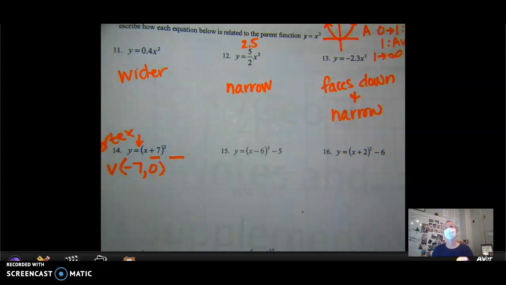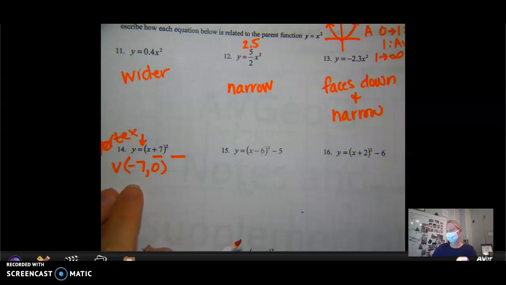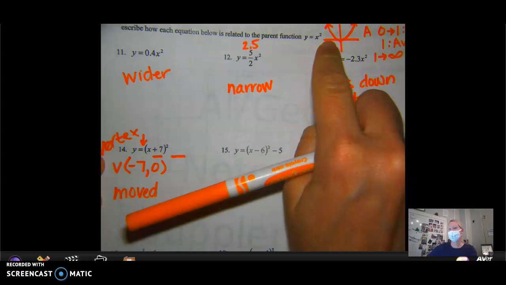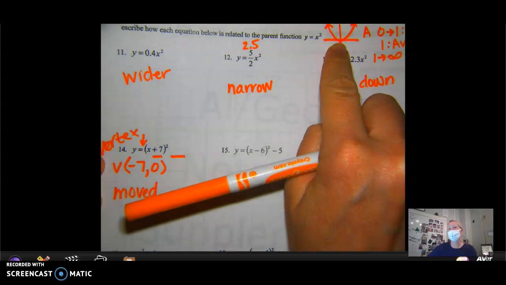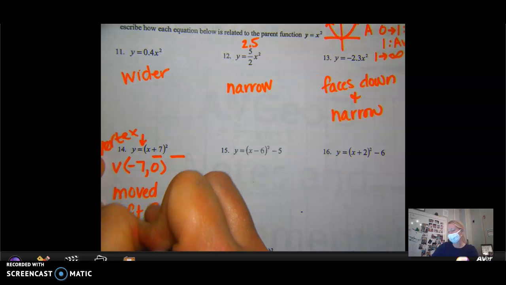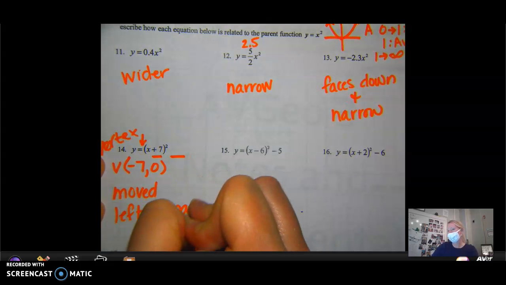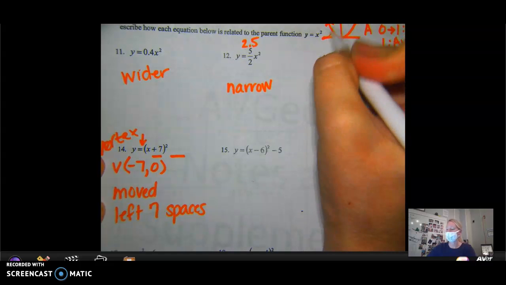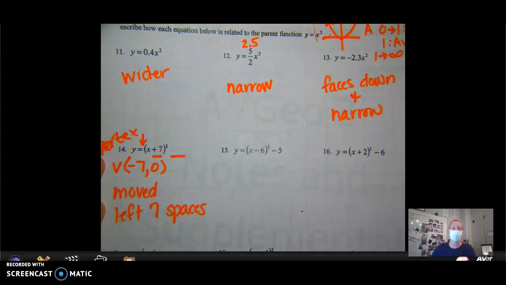It's up because my A value is a positive 1. So this one moved because on the parent function my vertex is at 0, 0. This one has moved left 7 spaces. Do you guys see that? Because the vertex is now over here at negative 7, 0. It's going to be facing up also. So that's the only difference.